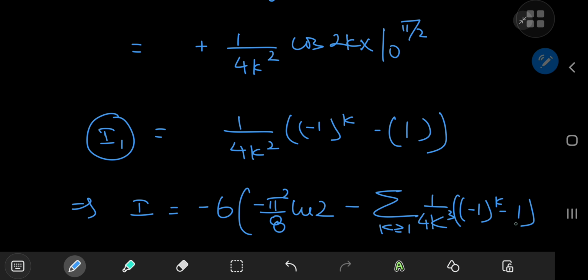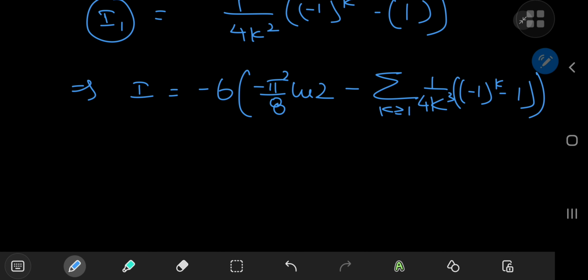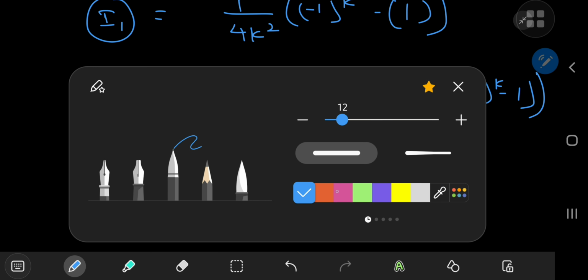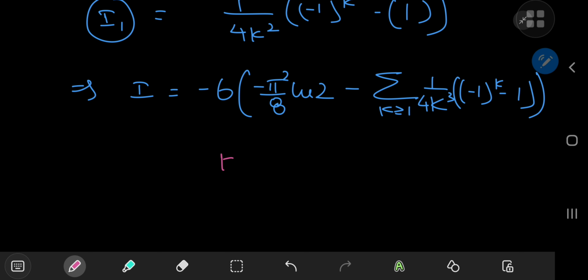Just looked unnecessarily weird. And here, notice one thing, that if k is some even integer, then you have 1 minus 1, which is 0. So the only values of k we're interested in are values of k of this form, 2n plus 1, where n needs to be a non-negative integer. Notice, non-negative. We have to include n equals 0 to include k equals 1.